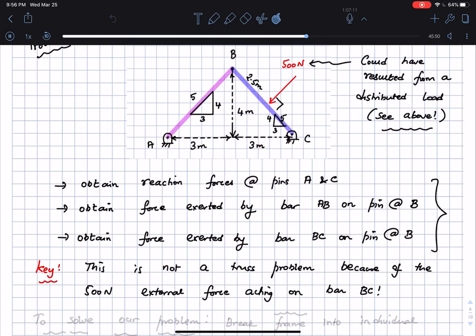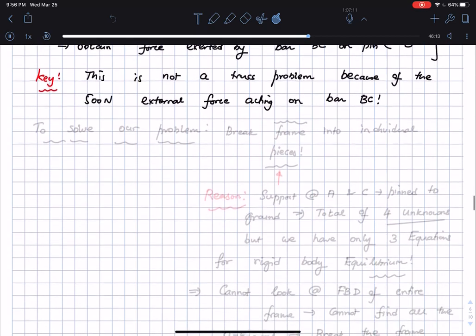Such a situation would never have arisen if we had a truss. We would not be having the force acting on the bar. We would actually have the force acting on the pin. It could be at either pin B or C or A. We don't know. We don't really care, because this is not a truss problem. But in any case, if this were a truss, this 500 Newton force would not be present on the body of the bar BC. So how to solve this problem?